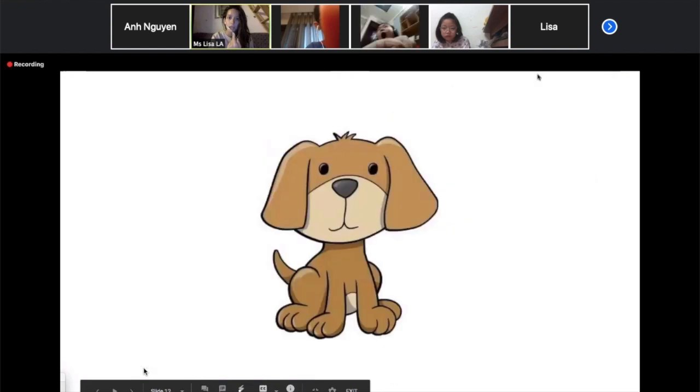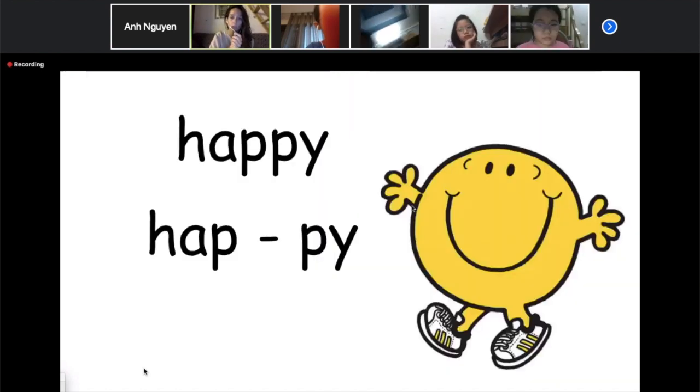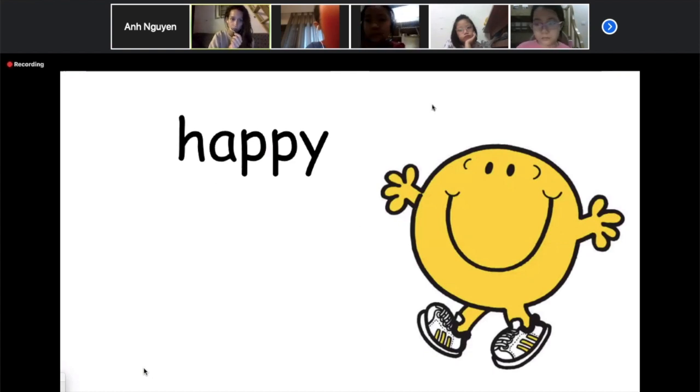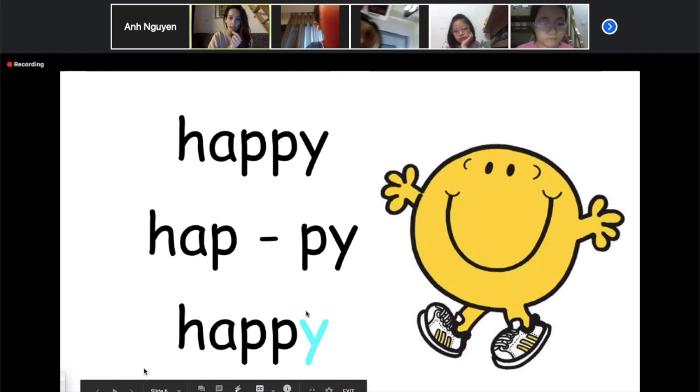Okay, so let's look at some other words now, or some pictures, and let's see if we can describe these pictures with words using Y as the long E sound. Before we do, let's go back and look at some of our words. The word happy, we know we see long E spelled like Y at the end of our word.